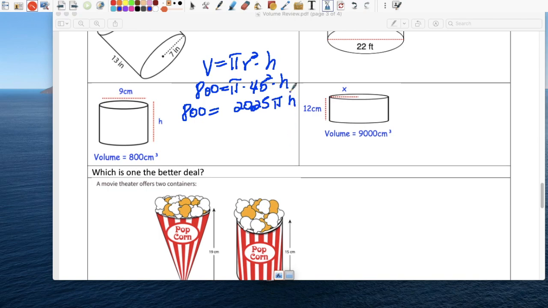We want to isolate h because that's what I'm looking for. Let's divide both sides by 20.25 pi. So 800 divided by 20.25 pi is 12.58 approx.